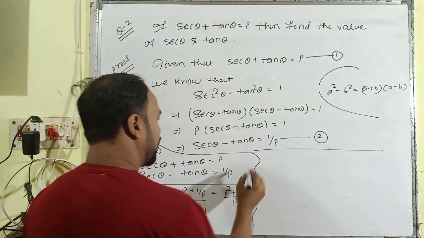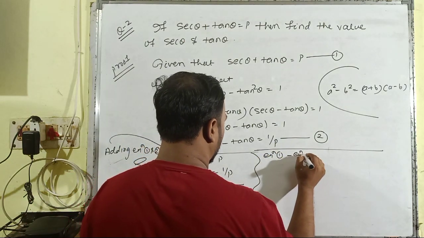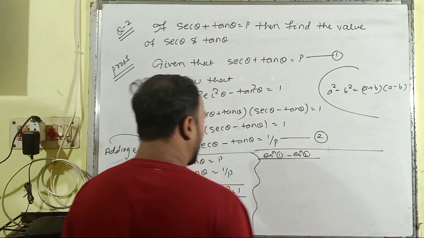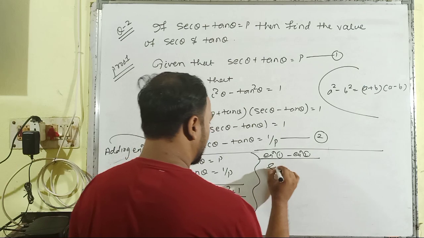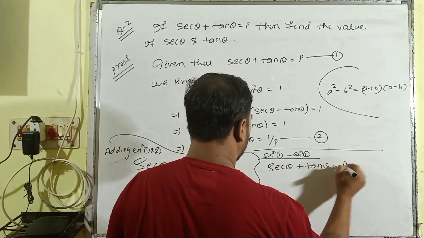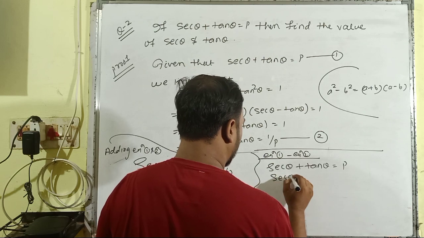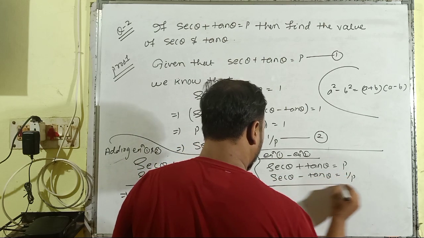Equation 1 minus equation 2, just subtracting equation 2 from equation 1, we have sec theta plus tan theta is equal to p, sec theta minus tan theta is equal to 1 by p.